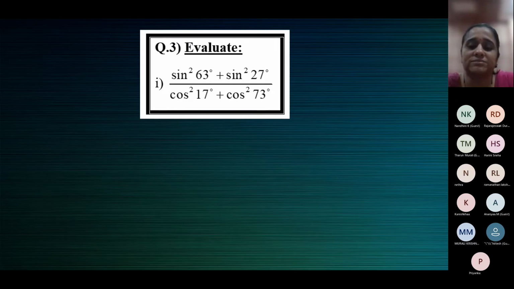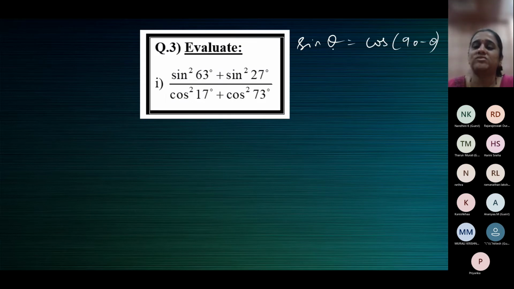So sine theta is equal to cos 90 minus theta. And what is cos theta? Sine 90 minus theta. When you square this on both the sides, you get sine square theta is equal to cos square 90 minus theta.